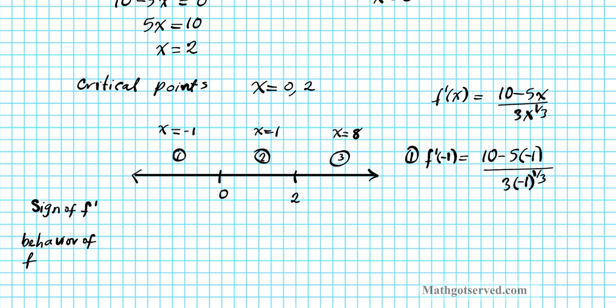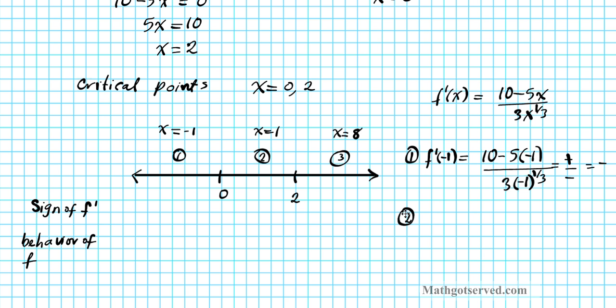Remember, all we care about is the sign. In the numerator, this is -1, and if you multiply it by the -5, it's going to become a positive. So we have a positive over a negative, because in the denominator, -1 to the 1/3 is -1, times 3 is also negative. Positive over negative is negative.